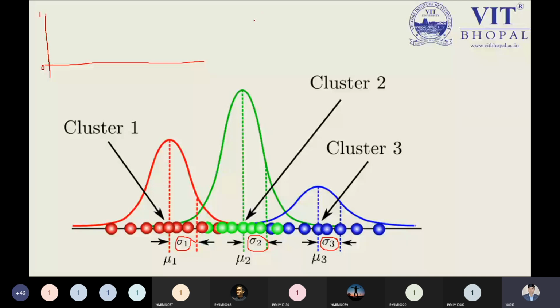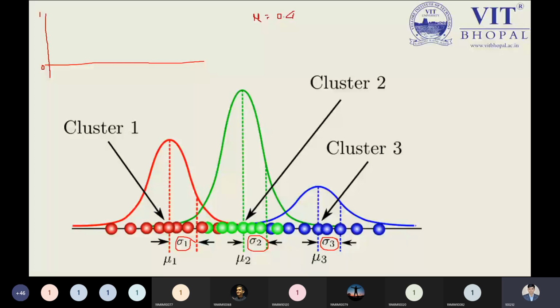What is the mean of this x cluster you are looking for? Can you tell me any range? Can you tell me any value? Sir, 0. 0 point 0.8. So this 0.8 you have chosen.